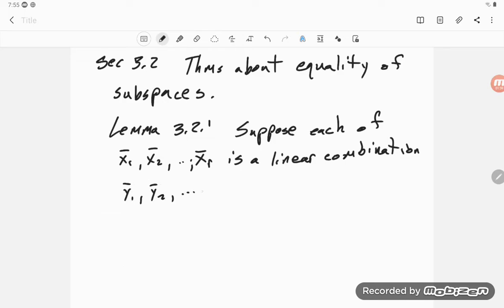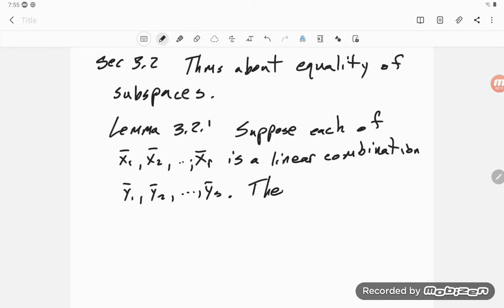y2. Now, a couple of subtle things here. Notice we have an r for the x's and s for the y's, so these don't have to have the same number of vectors. Okay.